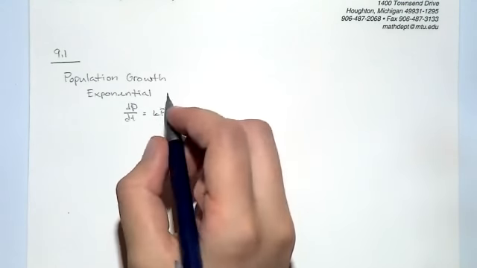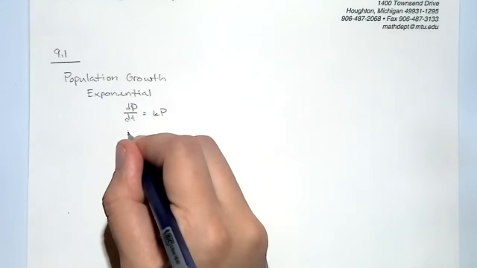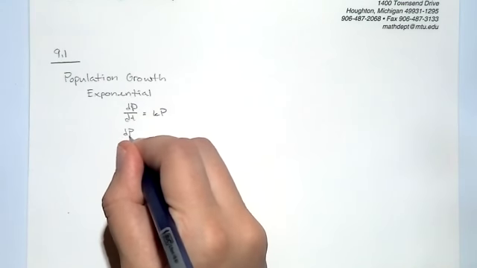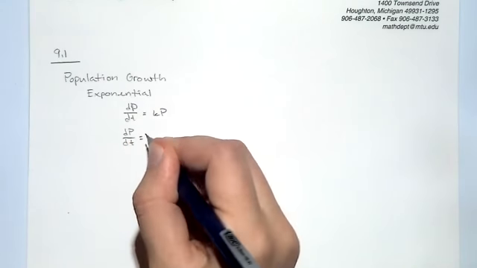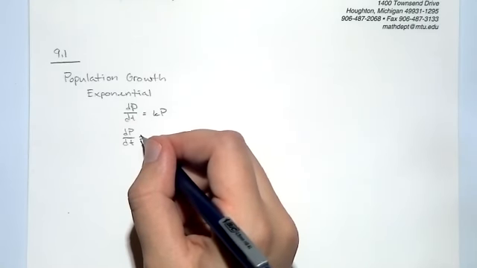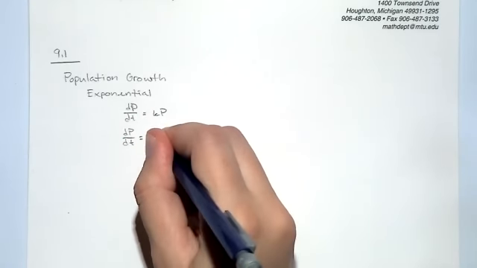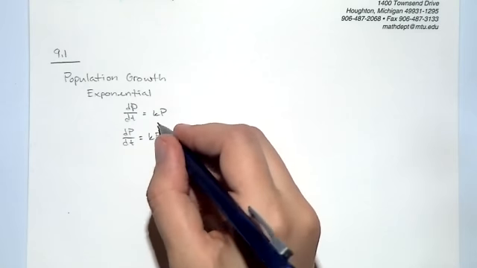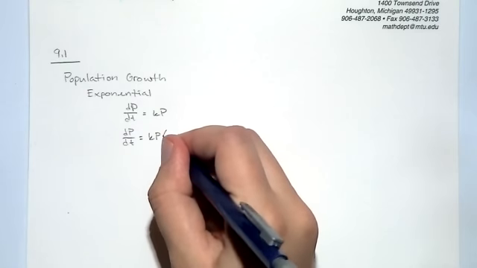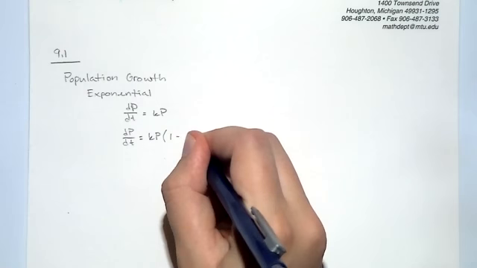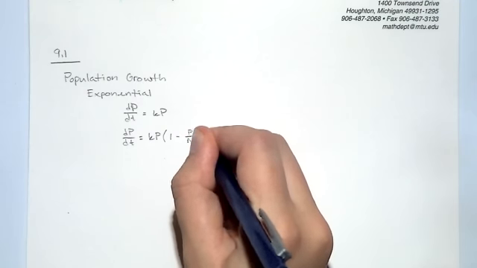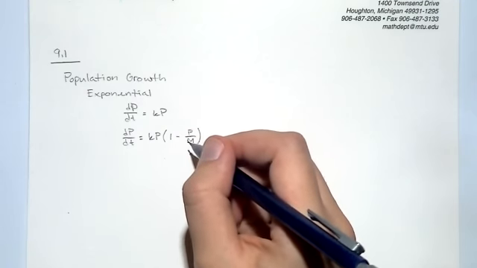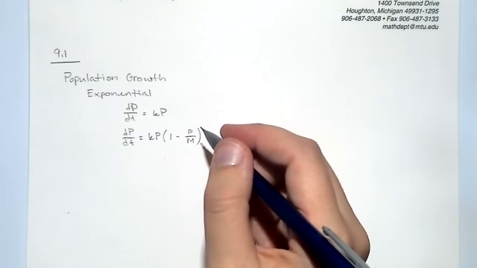You can also take a look at if there's a carrying capacity. So dP/dt, your change in population with regards to time, is going to be some coefficient k times your population, times 1 minus the population over M, that carrying capacity. And this would be more logistic growth, I believe.